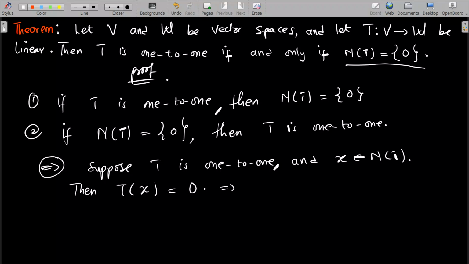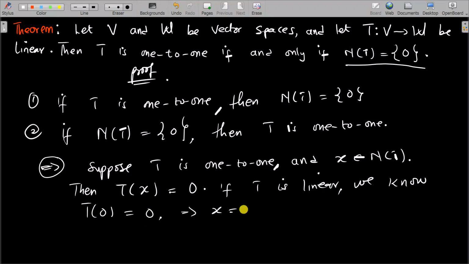Before I go further, we know that if T is linear, T of the 0 vector is equal to 0. What does it imply? It implies that x should be equal to 0, because for every linear transformation, the transformation of the 0 vector gives you the 0 vector, and T is also 1 to 1.